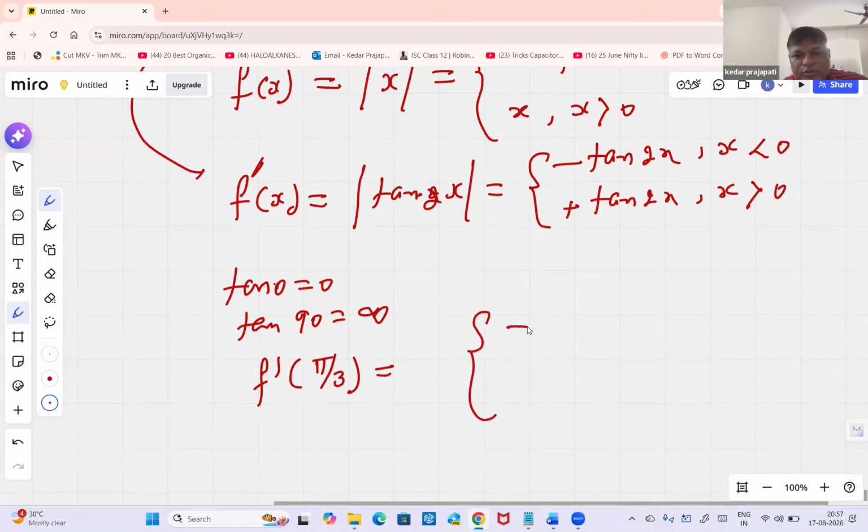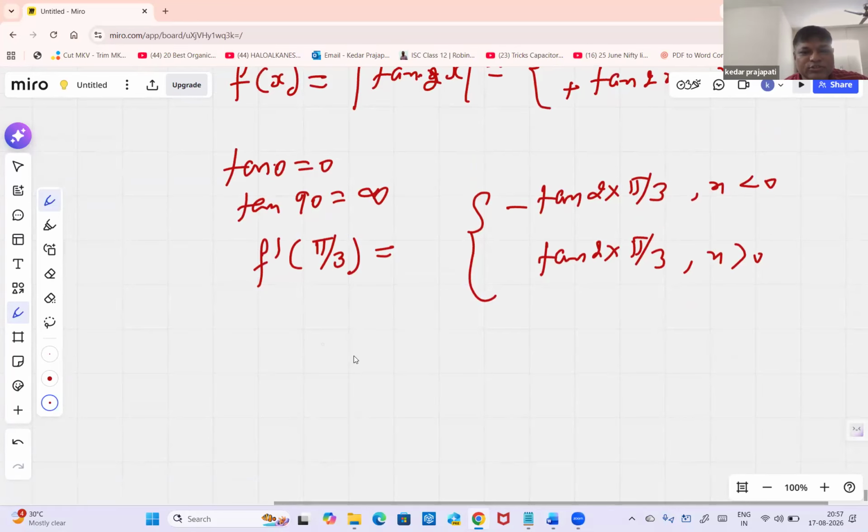I'm going to put here tan 2 into pi by 3 when x is less than 0 and tan 2 into pi by 3 when x is greater than 0.